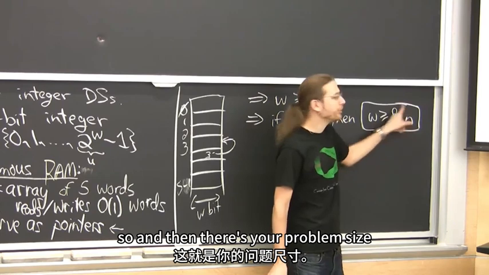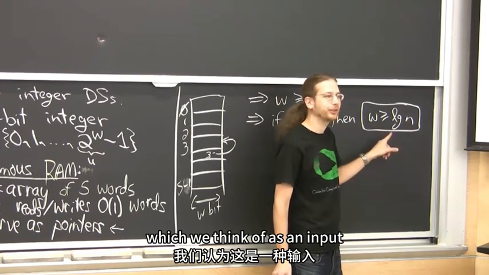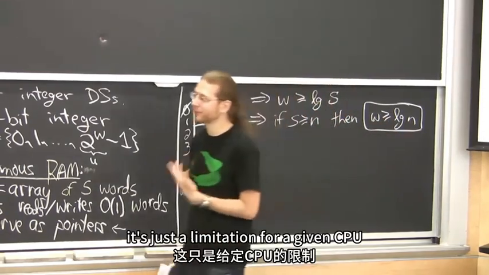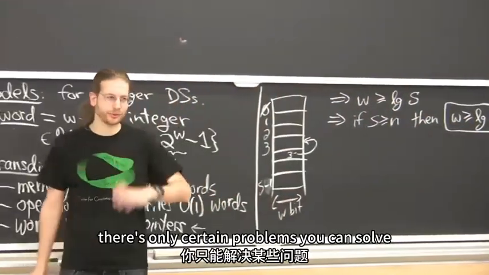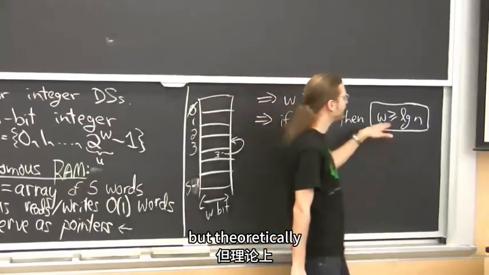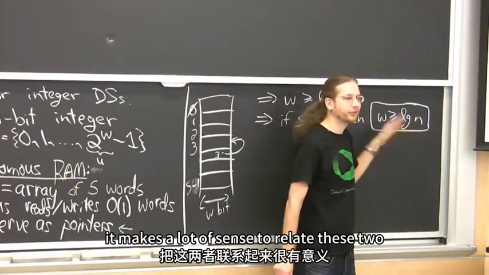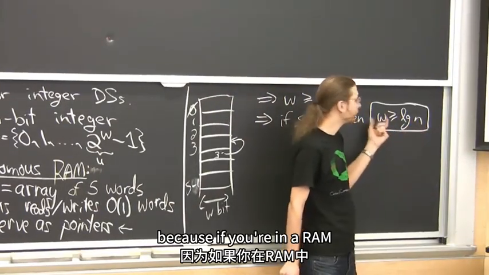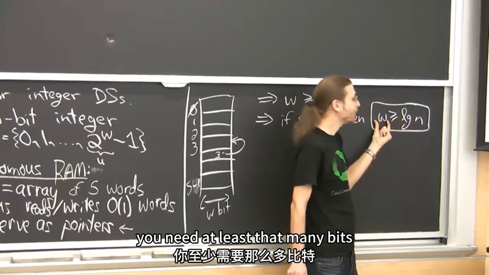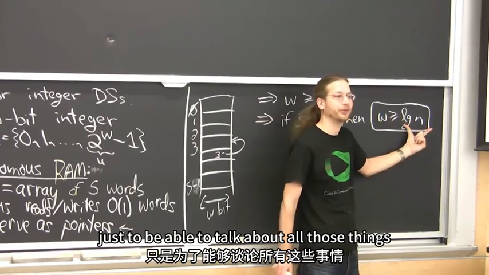And then there's your problem size, which we think of as an input. Now, this is relating the two. It's a little weird. I guess you could say it's just a limitation for a given CPU. There's only certain problems you can solve. But theoretically, it makes a lot of sense to relate these two, because if you're in a RAM and you've got to be able to index your data, you need at least that many bits just to be able to talk about all those things.